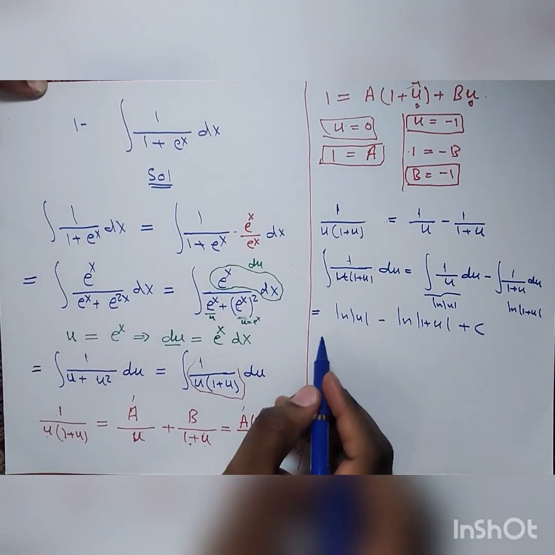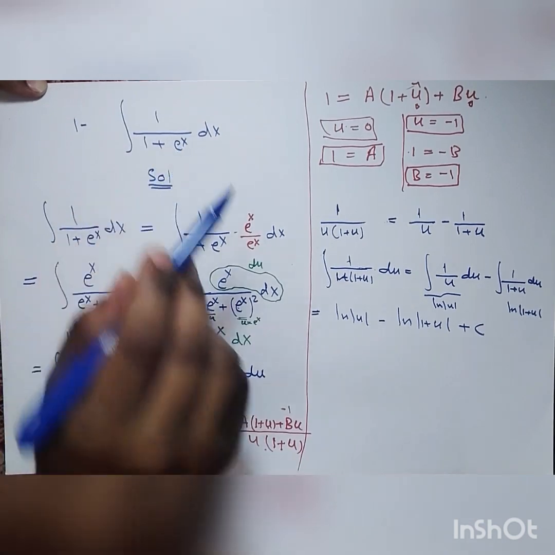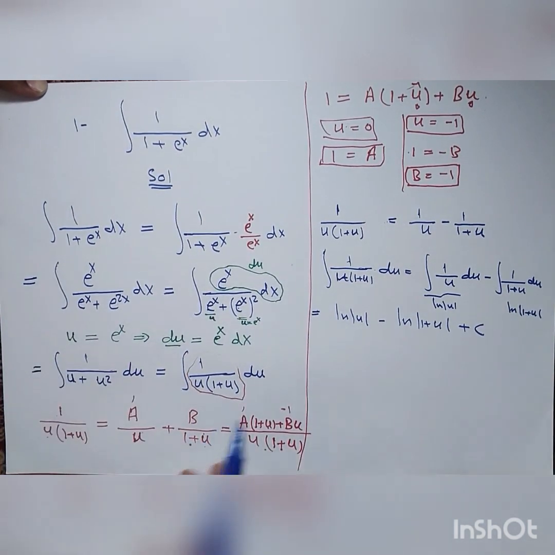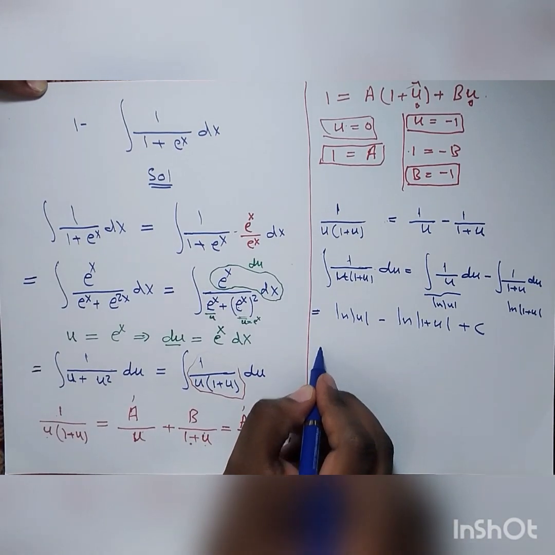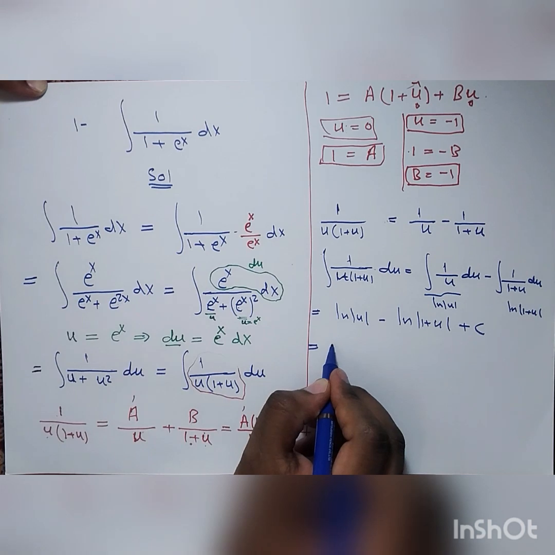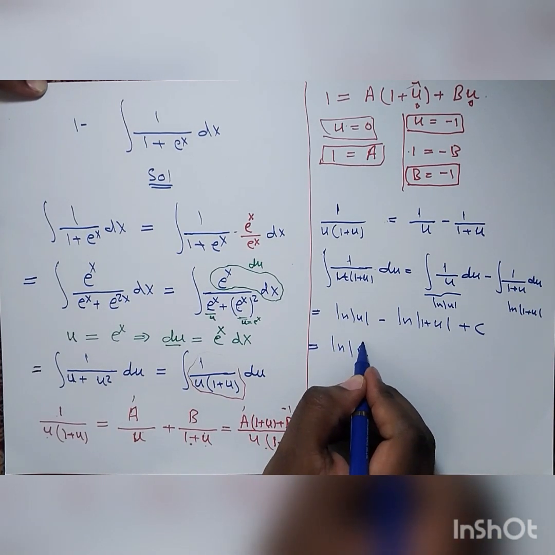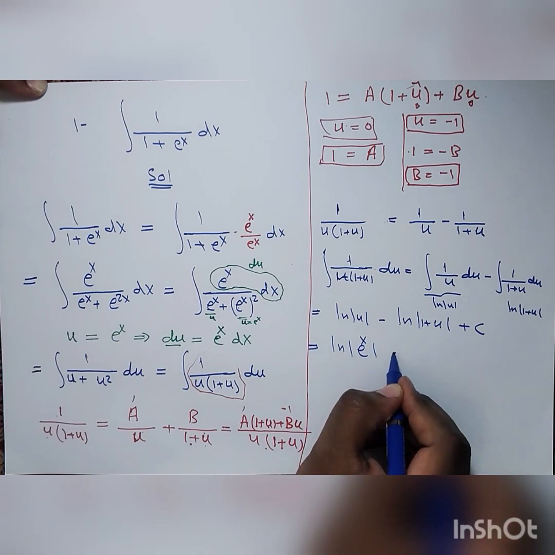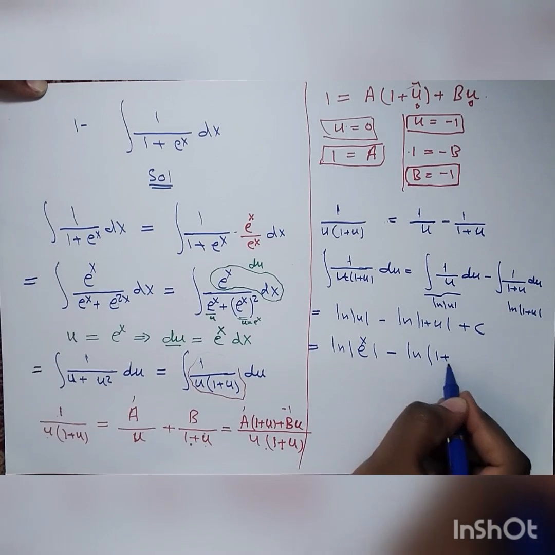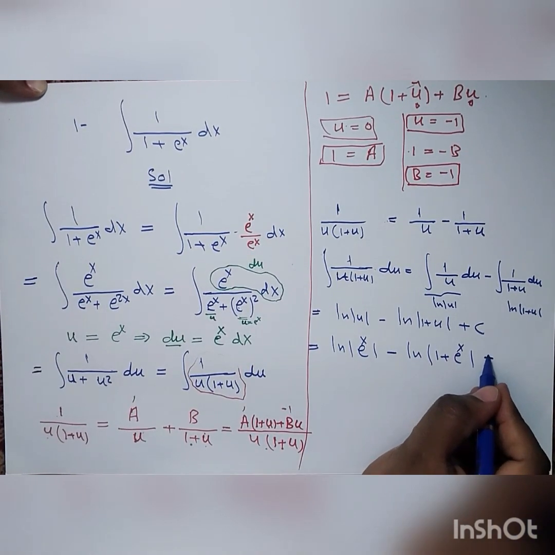But now the integration was with respect to x. That means we need to replace u by e to the power x. So here we would have ln of e to the power x minus ln of 1 plus e to the power x plus a constant.